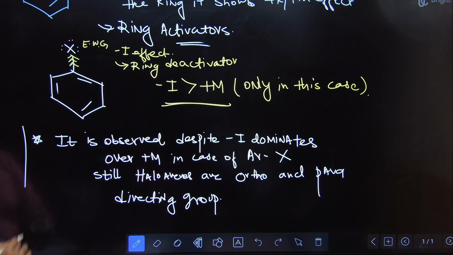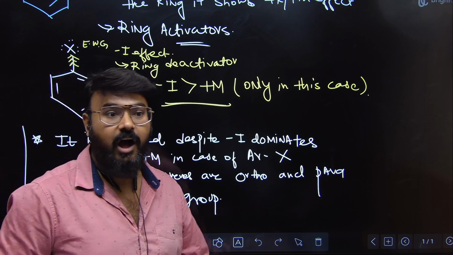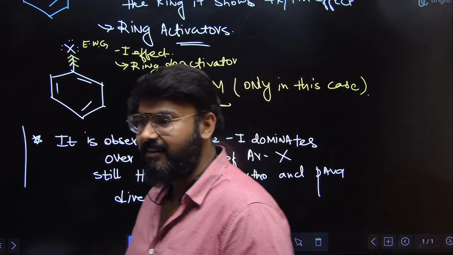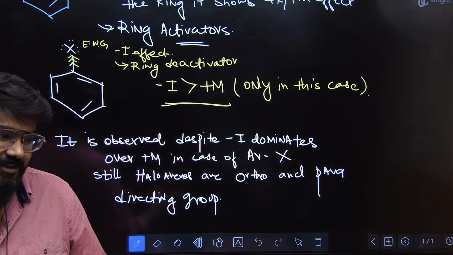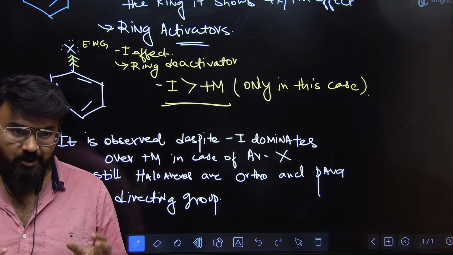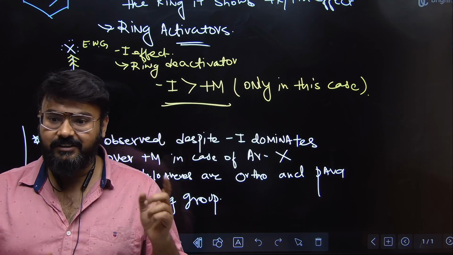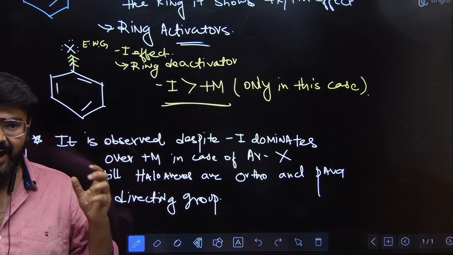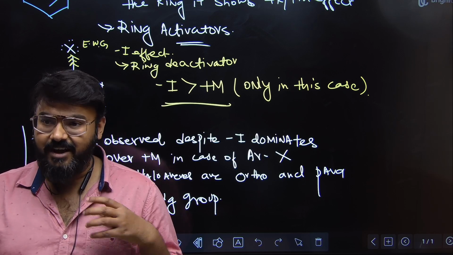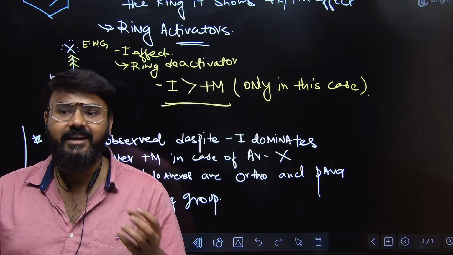Now this confuses everyone the most. How? That question comes in everyone's mind. Sir, first you told it's ortho para directing, ring activating because of plus M. We understood. Then you told because halogen is there, it's a minus I effect, and because of minus I, it's ring deactivating.